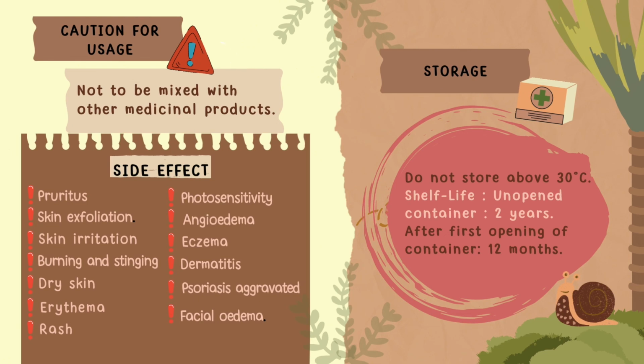Systemic effects of the topical use may appear very rarely, causing hypercalcemia or hypercalciuria. And last but not least, for storage of this Divobat ointment, do not store above 30 degrees Celsius. Its shelf life is 2 years in the unopened container, and after first opening of the container it is just 1 year.